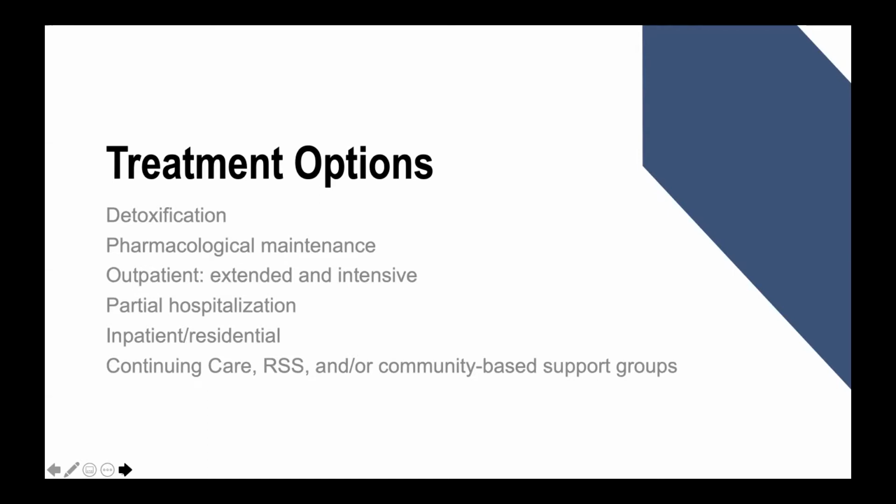What I'm seeing a lot more of lately are the sober living housing situations, and from my experience, those appear to be working well for those areas that are able to provide that.